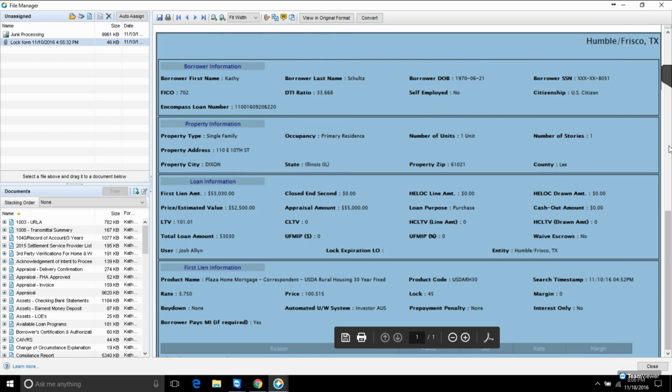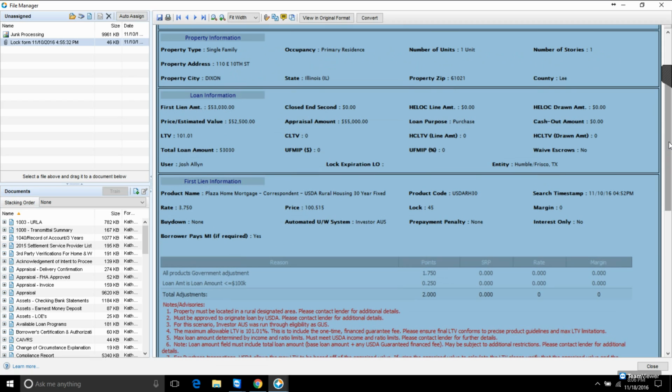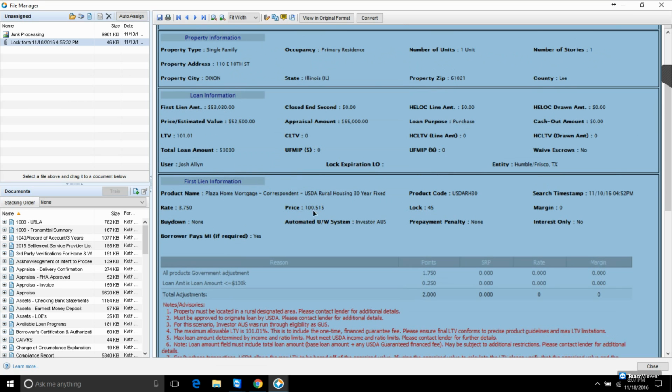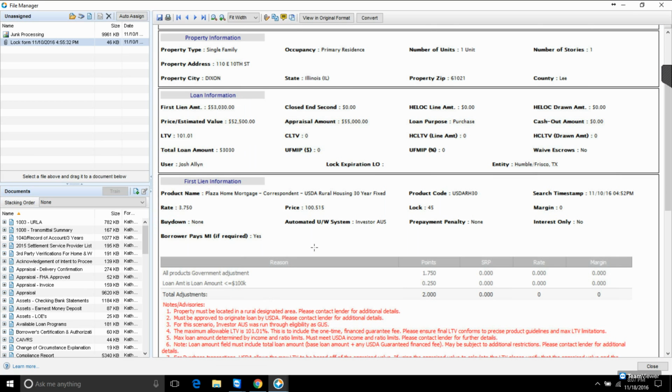Anyway, they're getting a credit of 5.15. I could have gone up higher and given them a larger credit from the interest rate, but if I have the ability to do it in the loan amount, I'll take the loan amount over the rate.